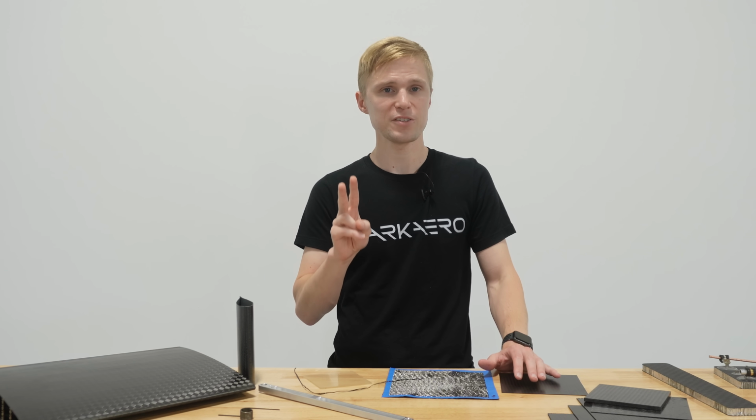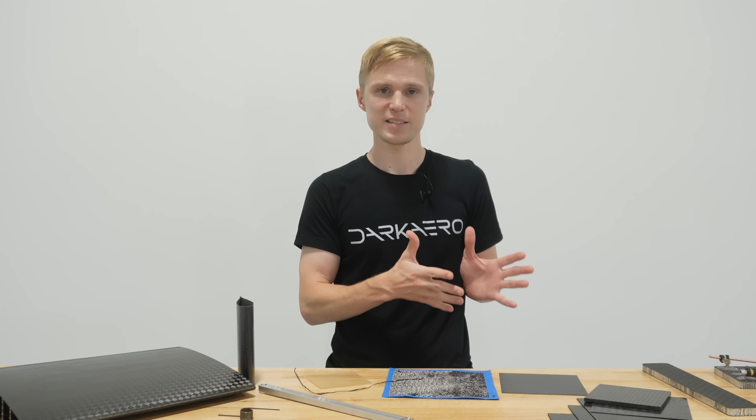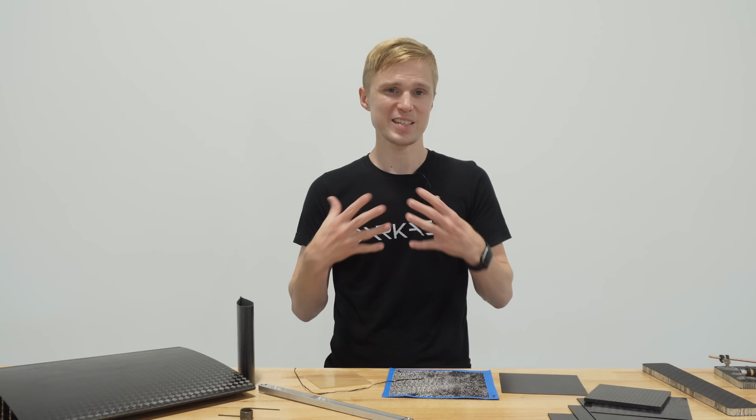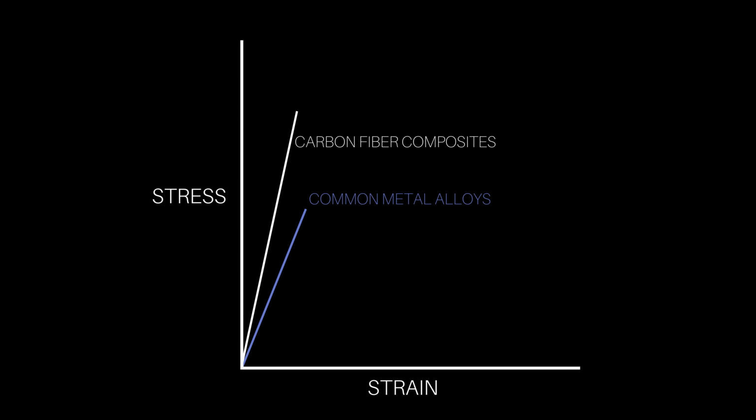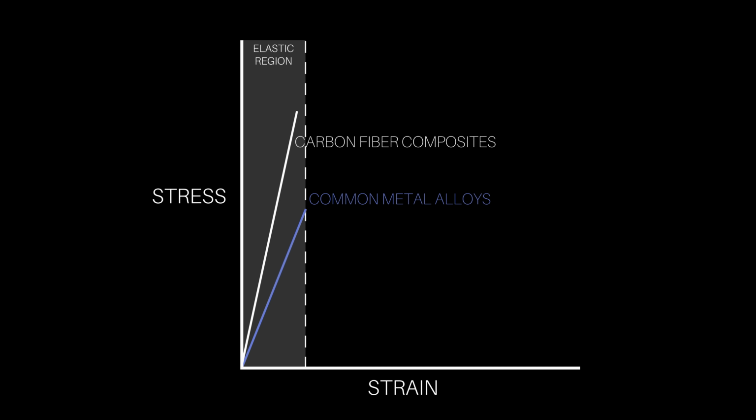A second component to this myth is the idea that composites, unlike metals, will fail suddenly and without warning. To explain the root of this, let's look at how metals and composites behave under applied loads. Both metals and composites have an elastic deformation region where they will deform but return back to their original state when the load is removed. The deformation versus load in the elastic region will be linear.